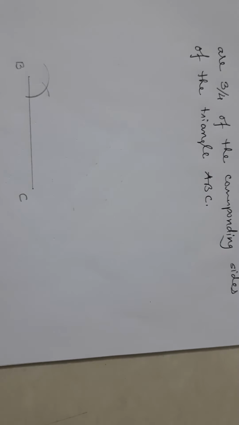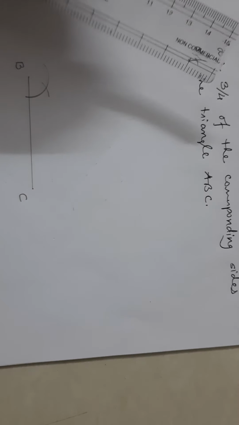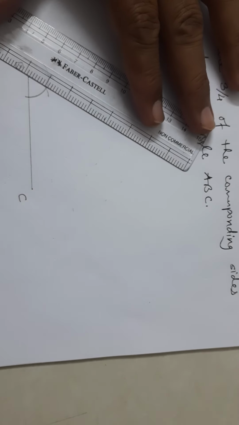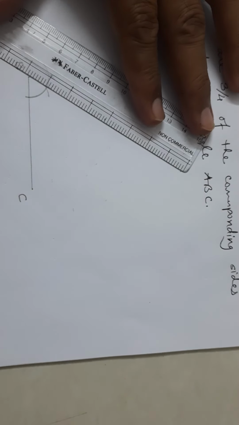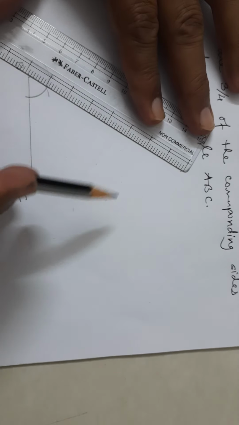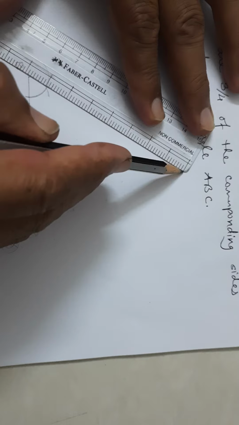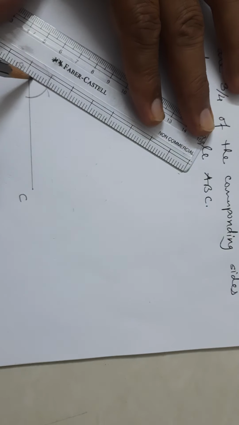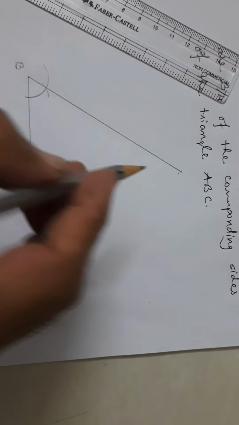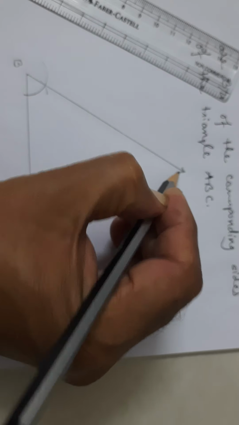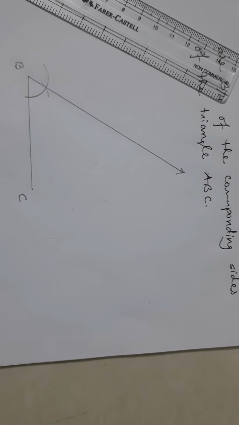Wherever this intersects, that is angle ABC of 60 degree. So I am joining these two and I am drawing a little bit bigger. So here we have angle 60 constructed.